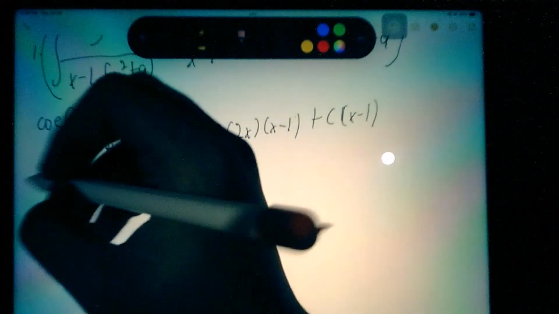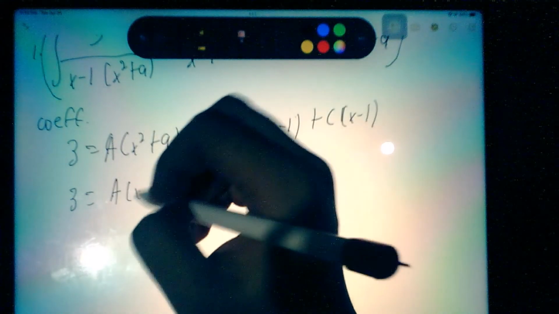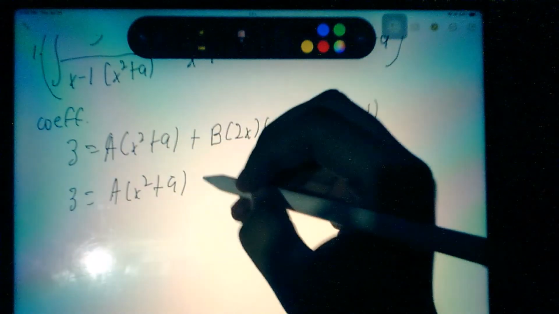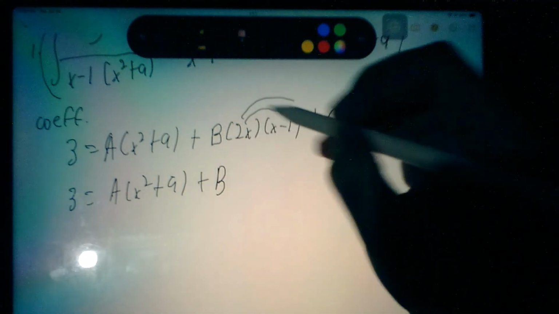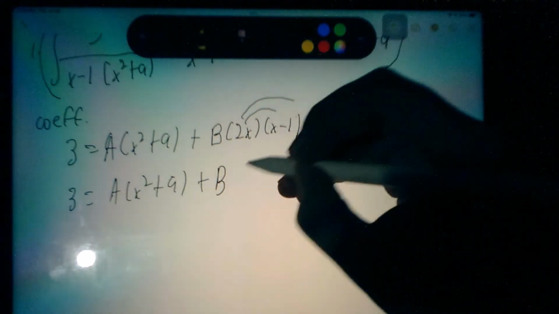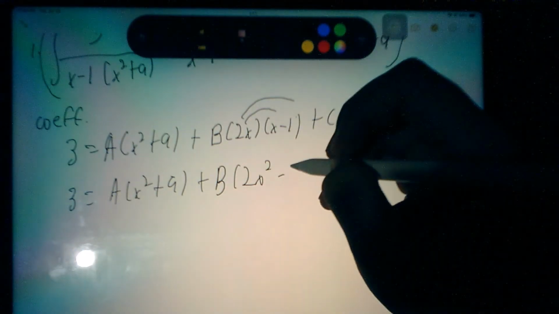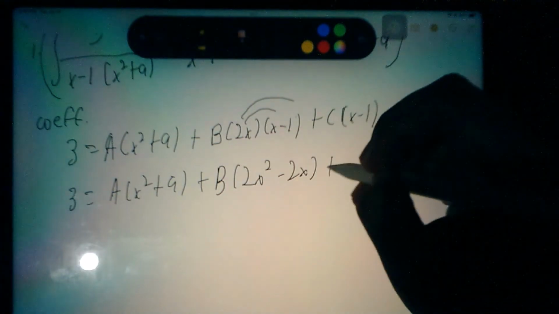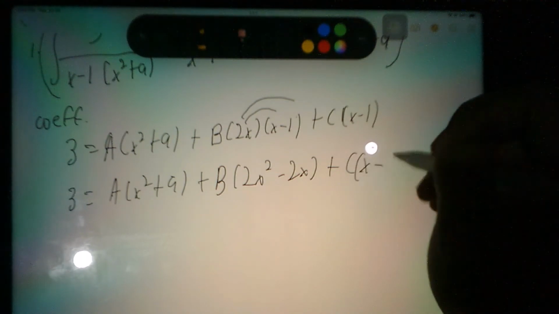By simplifying this even further, a times x squared plus 9, plus b times 2x, and by multiplying these values, this will become 2x squared minus 2x, plus c times x minus 1.